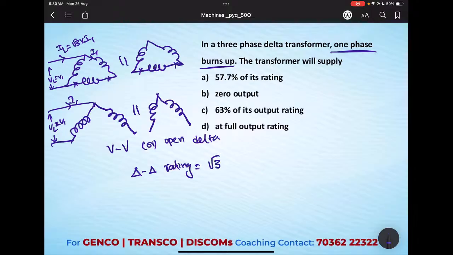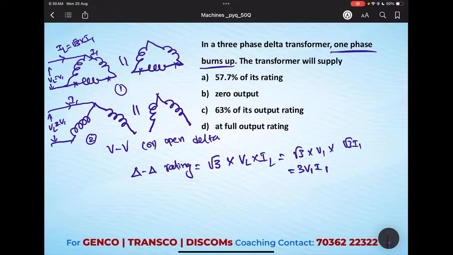The three phase rating we can find as root 3 VL into IL. From figure 1, you can write the line voltage as V1 and the line current as root 3 I1. It is going to be 3 V1 I1.